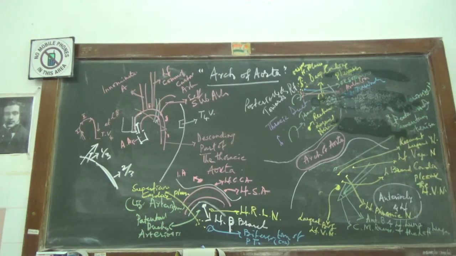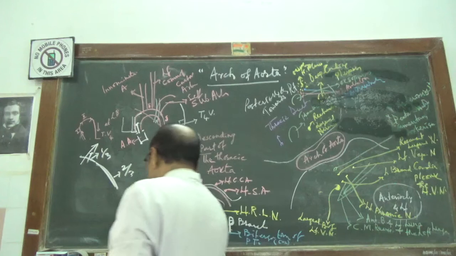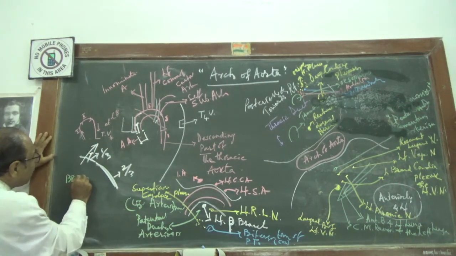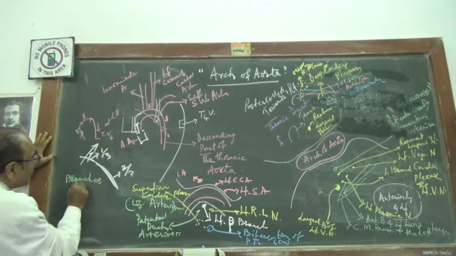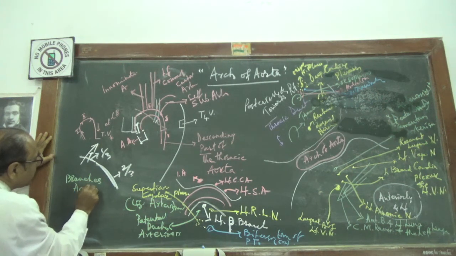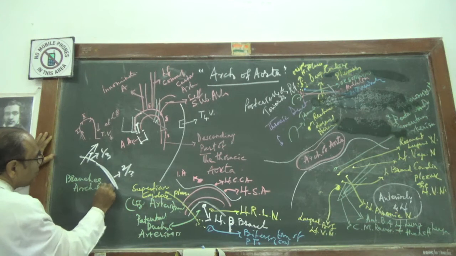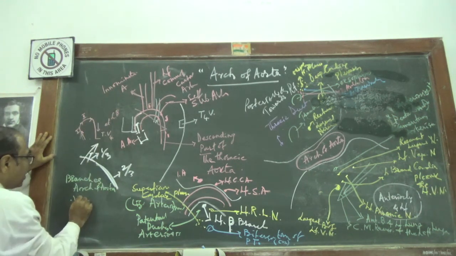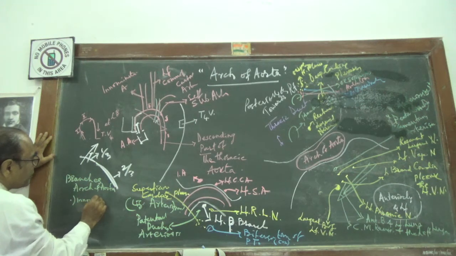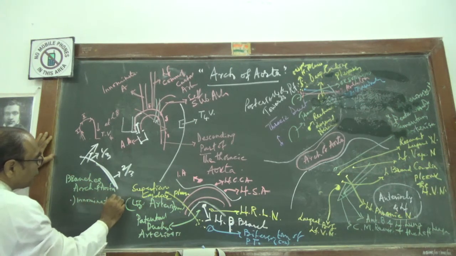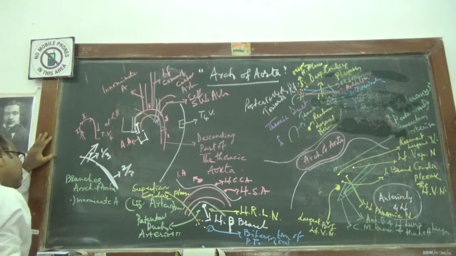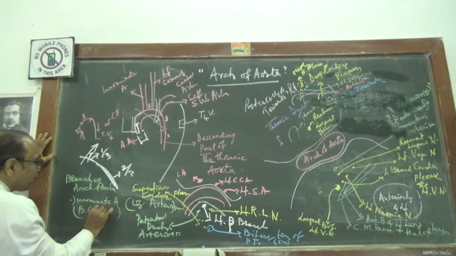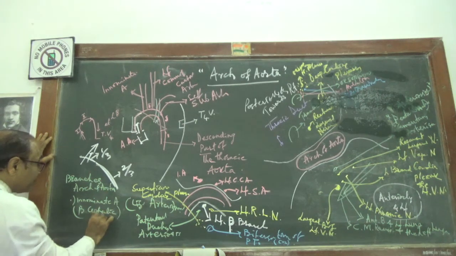Now, what are the branches of the arch of aorta? Number one, the innominate artery, which is also called the brachiocephalic artery.